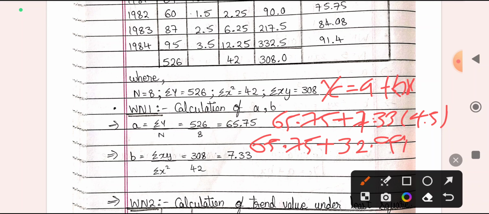If we add these two values it will be around 98.74.